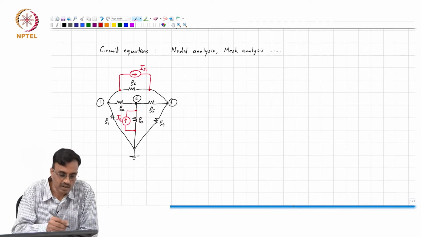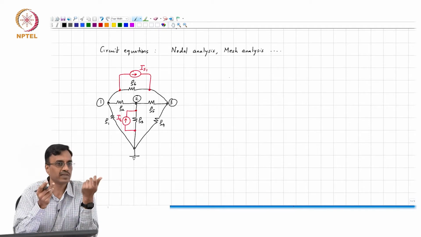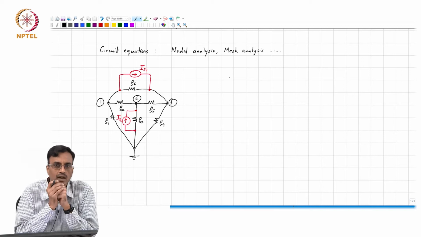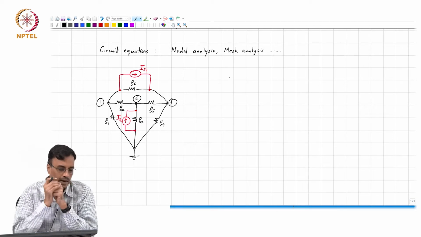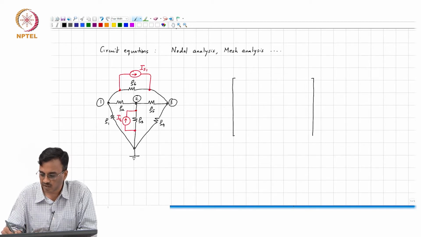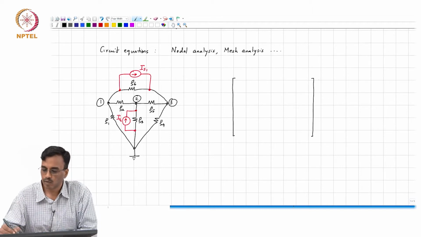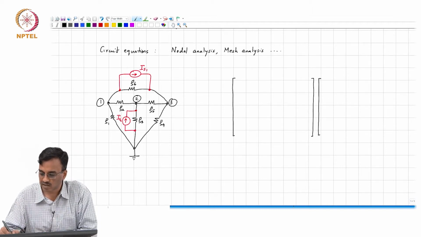Well, it is very straightforward, as you have seen in the past. The nodal equations are simply expressing Kirchhoff's current law at a node, right. And once you see that, it is not necessary to write equations one by one, carefully staring at the network. We have already seen this in your basic electric circuits and networks class.